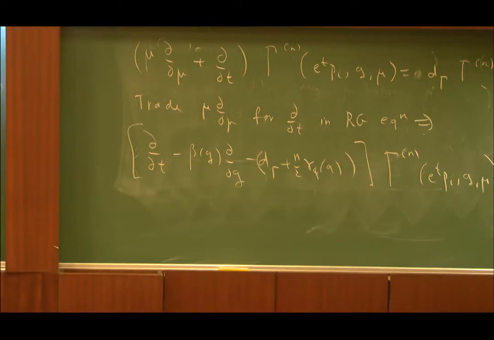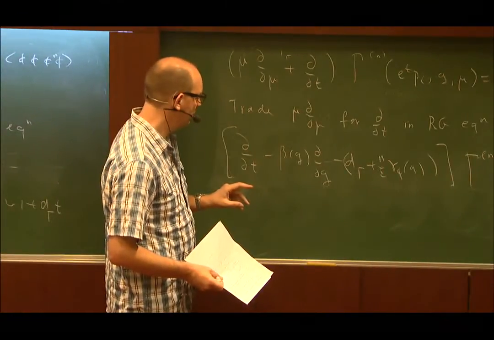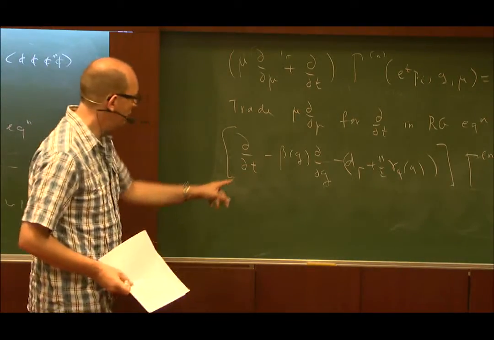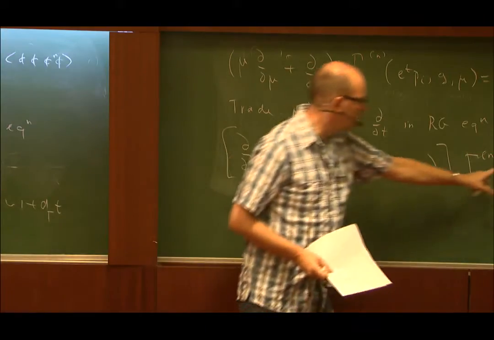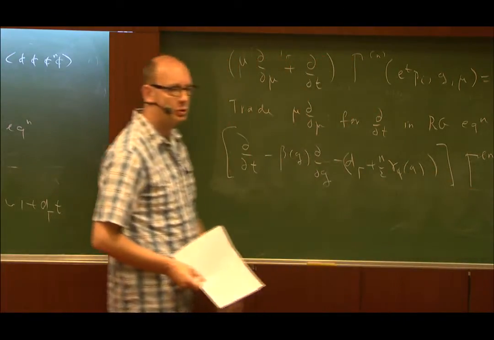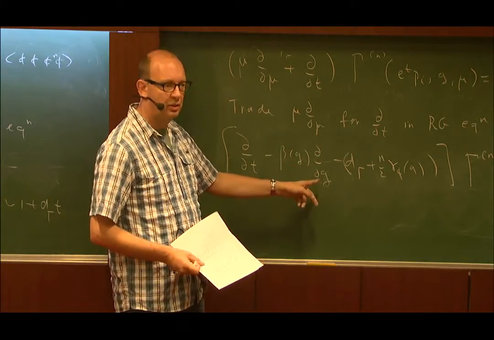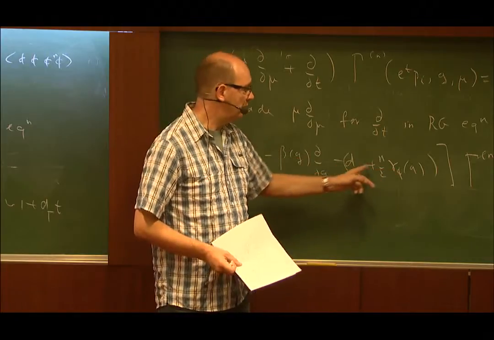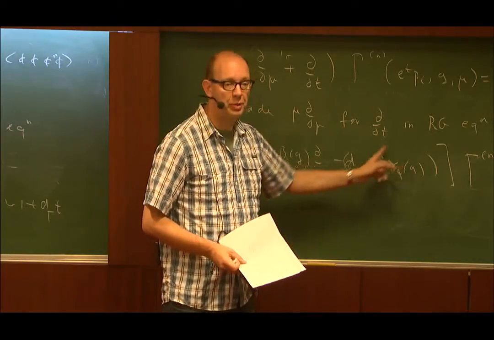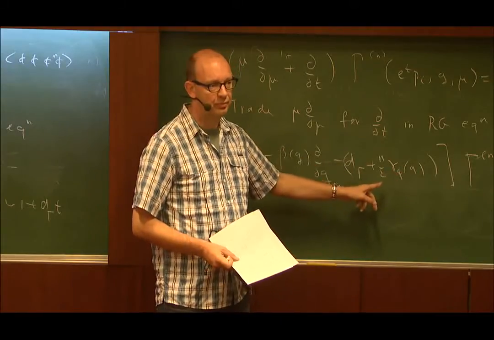So now the differential equation is a bit more clear about what it looks like. It says, well, if you scale the momenta coming in and out of the Green's function, how does the Green's function respond? Well, by changing the coupling a little bit, and by changing its dimension a little bit by an anomalous bit. This is the canonical dimension, this is the anomalous dimension.